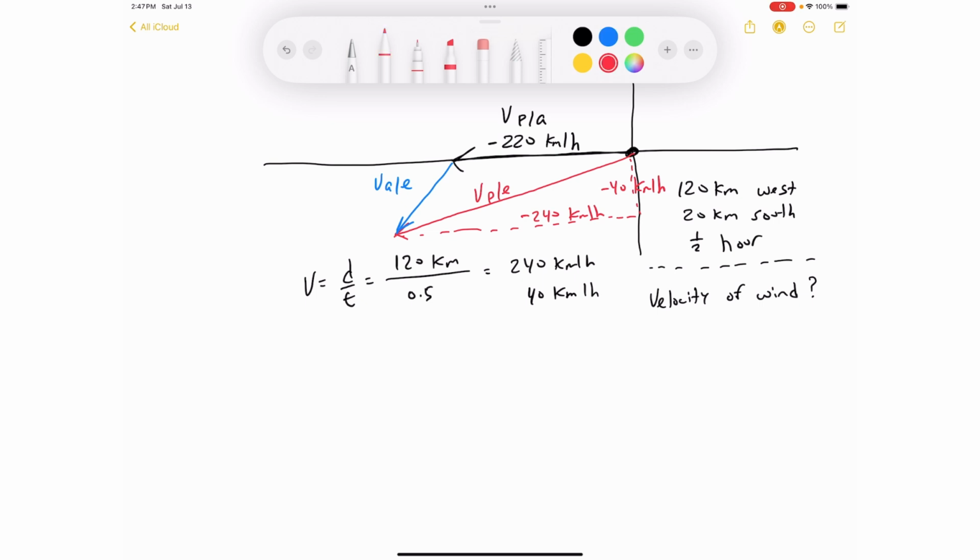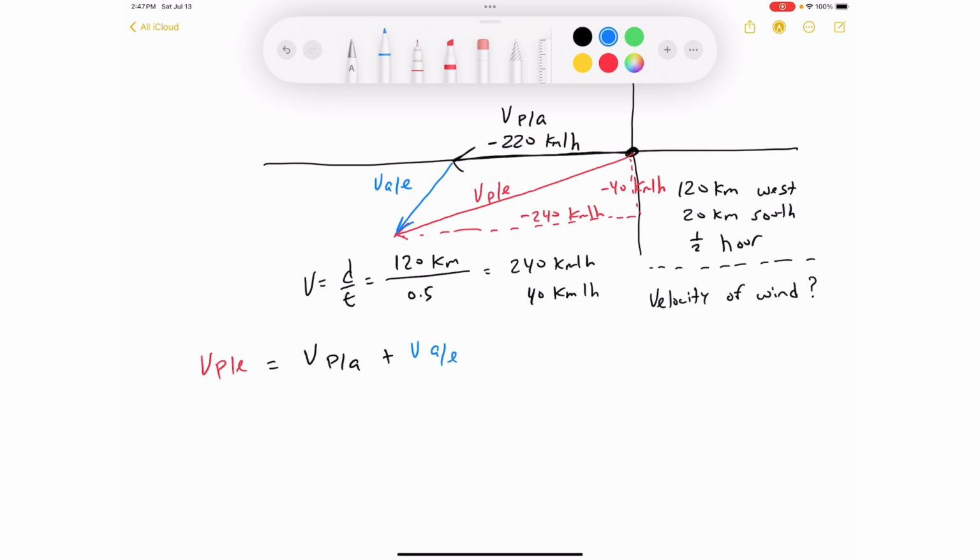So I have the vector of the plane relative to Earth. It is equal to what? Well, it's equal to the black vector, which is the velocity of the plane relative to the air, plus this blue vector, which is the velocity of the air relative to Earth.